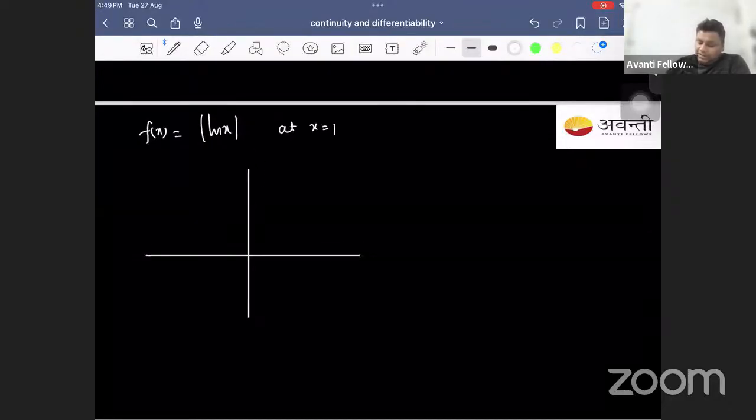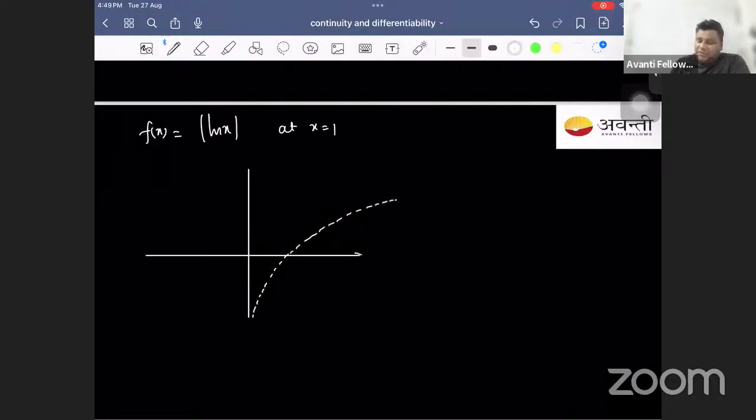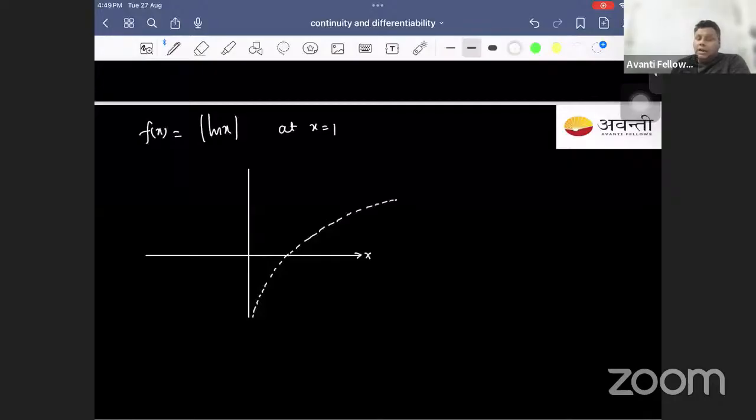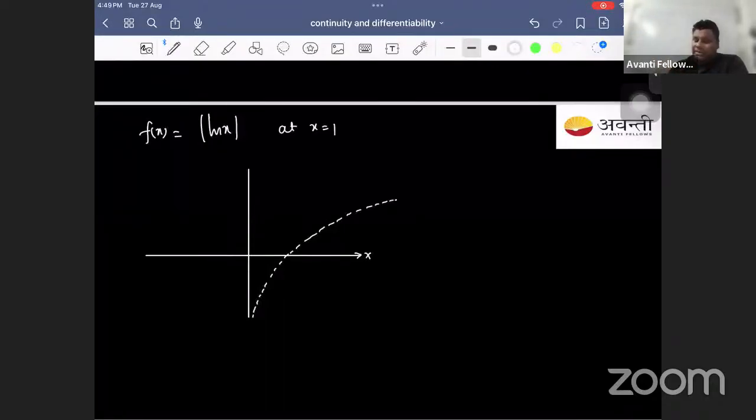Now, see. f(x) equals, say they ask you ln of mod x at x equals to 1. Check the differentiability. So, very simple, I know. This is the graph of log x. Now, if you take mod of this, so the portion which is below x-axis will have a reflection above x-axis.